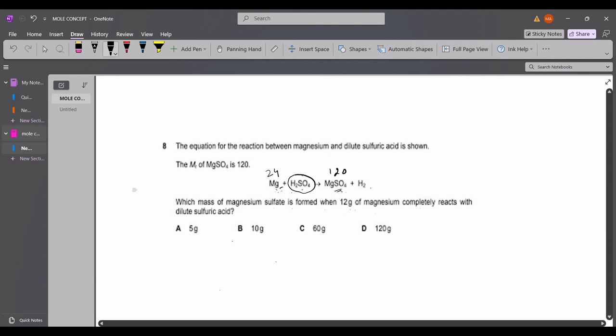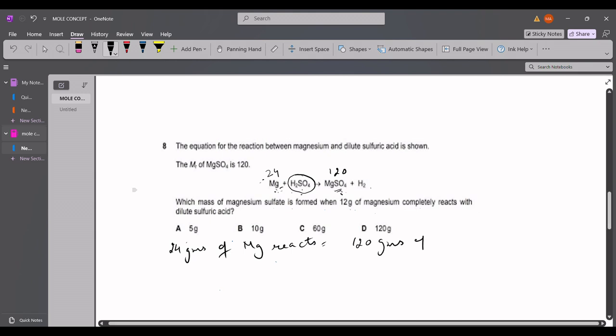When 1 mole of magnesium reacts with sulfuric acid, it gives 1 mole of magnesium sulfate. So that means if 24 grams of magnesium reacts, it produces 120 grams of magnesium sulfate.